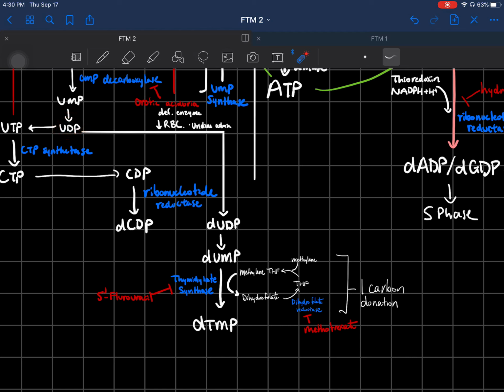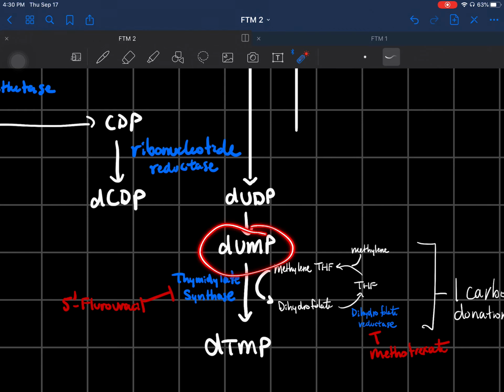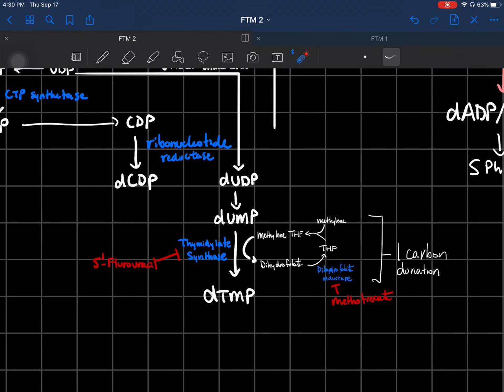Okay, so when you have your UDP, it can also undergo that ribonucleotide reductase reaction, along with, remember, you have to have that thioredoxin with the NADPH to help facilitate that process. And you're going to turn the deoxy-UDP into deoxy-UMP, and then remember, THF is used in every single pathway here, for both purines and pyrimidines.